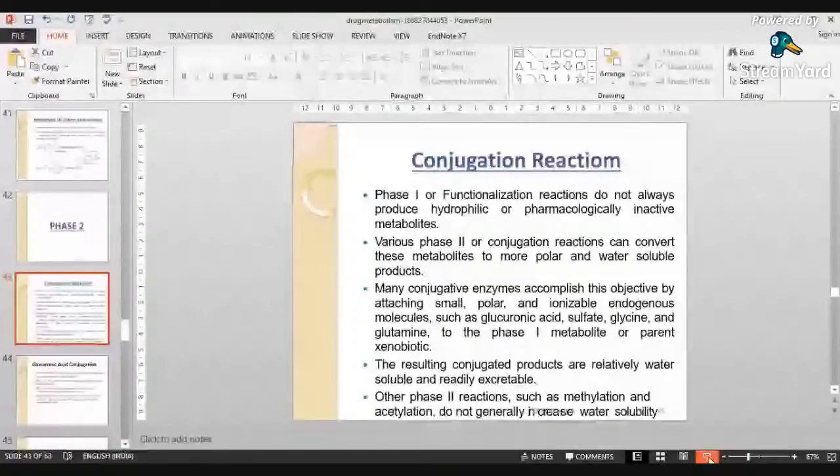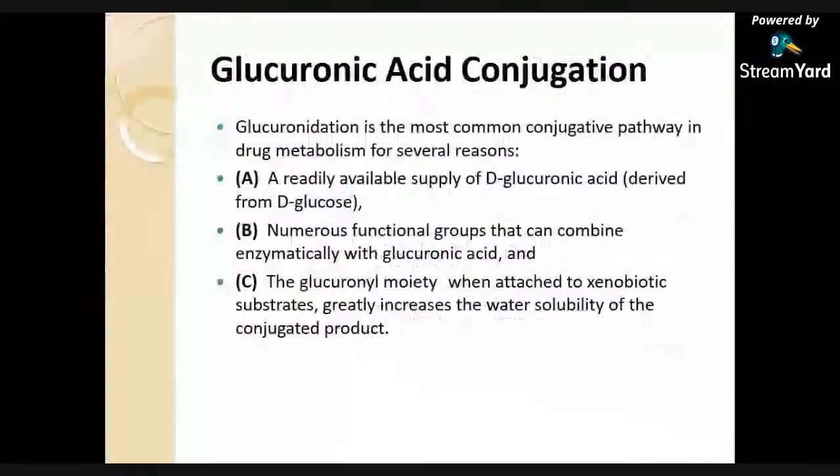So we'll start with the next one, glucuronic acid conjugation. Glucuronidation is the most common conjugative pathway in drug metabolism for several reasons. A is the readily available supply of D-glucuronic acid, which is derived from D-glucose.